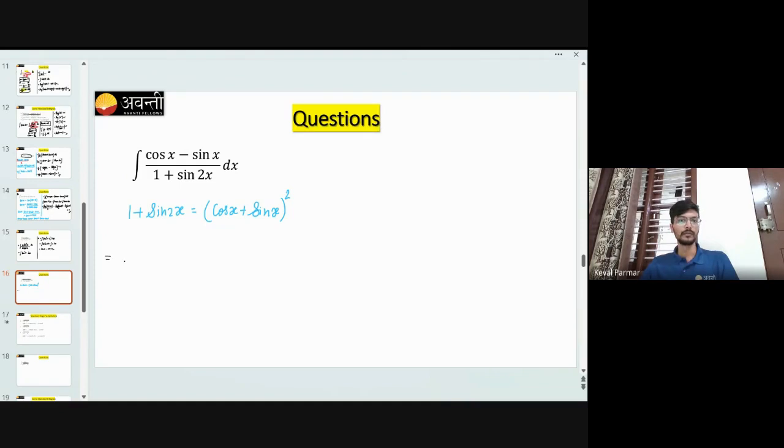So, what modification can I use? Can you simplify it? Or are you able to see it? What modification should I use?